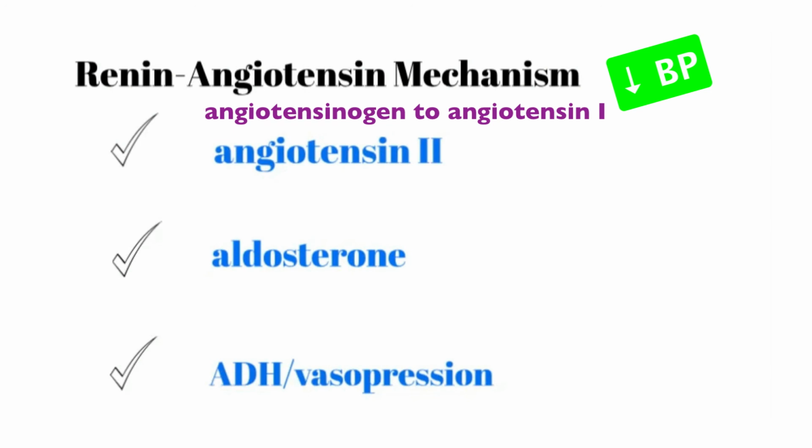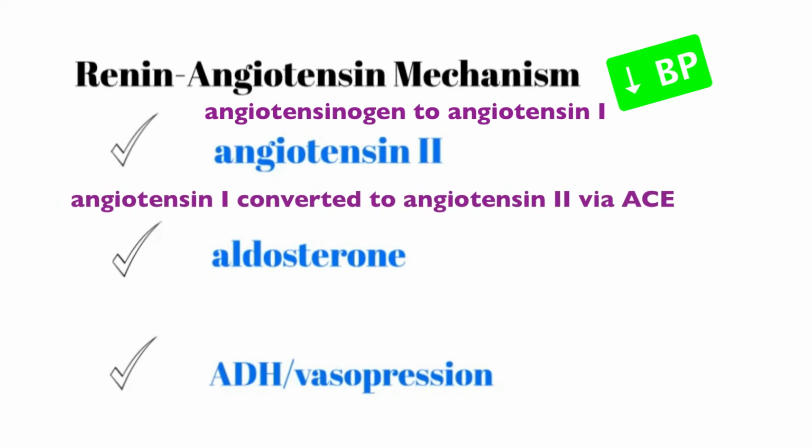When angiotensin 1 encounters another enzyme known as ACE, the angiotensin converting enzyme, it gets converted to angiotensin 2. Angiotensin 2 is a potent vasoconstrictor throughout the body. It causes vasoconstriction, which we want to happen when there is low blood pressure.